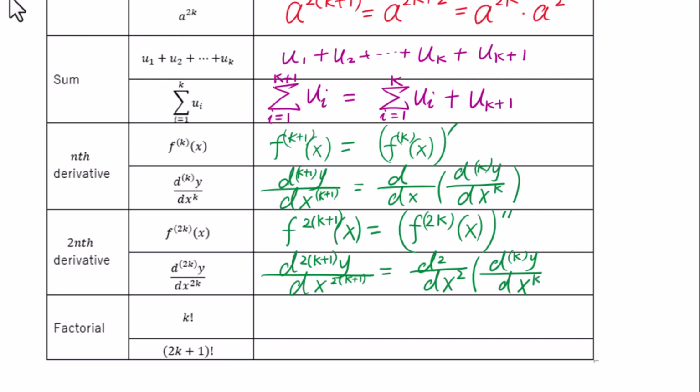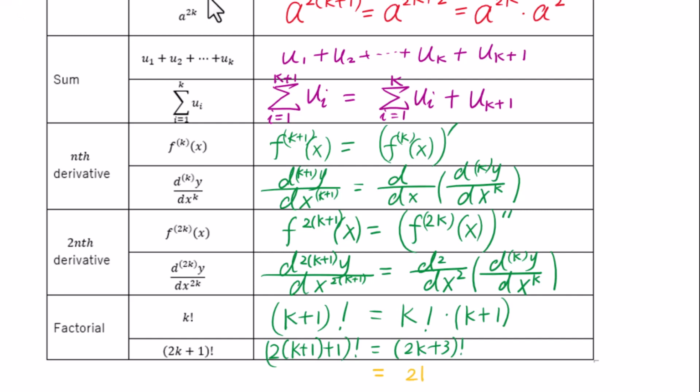For factorial, the next term for k factorial is k plus 1 factorial. That equals k factorial times k plus 1. For 2k plus 1 factorial, the next term will be 2 times k plus 1 plus 1 factorial, which is 2k plus 3 factorial.